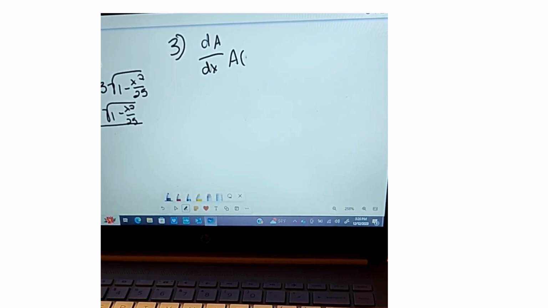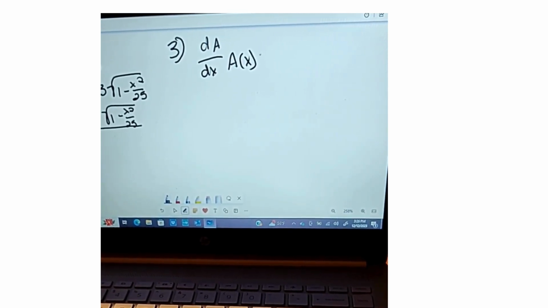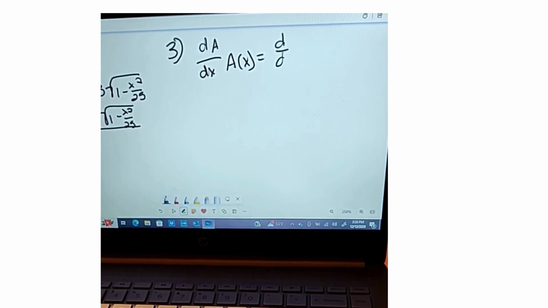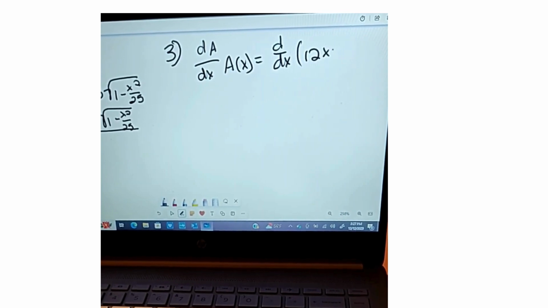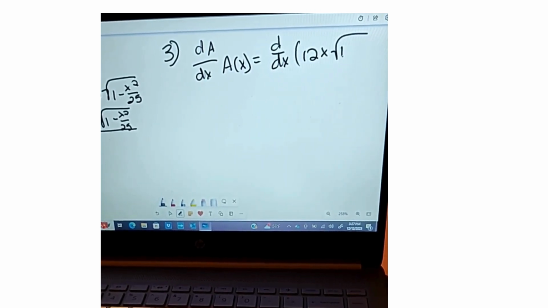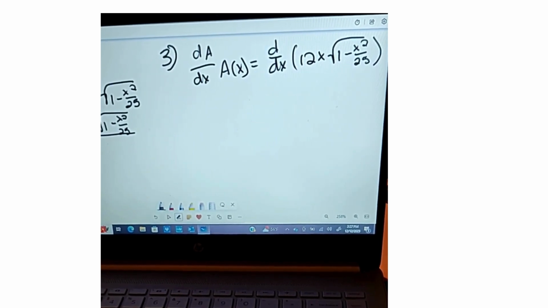Let me write this down here before I start talking again. One minus x squared over 25.